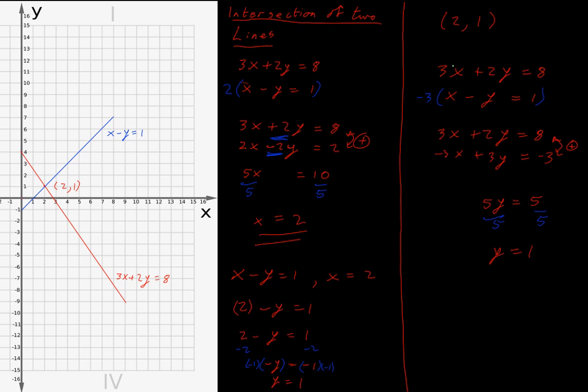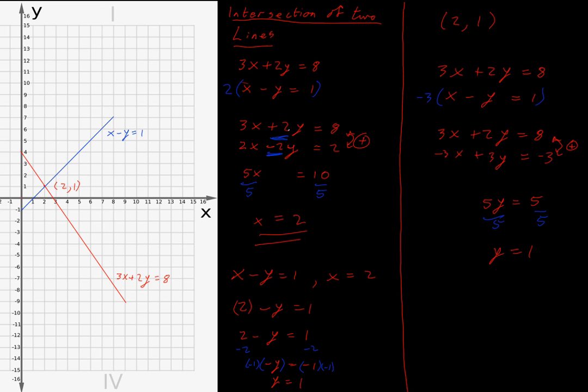In this case, I decided I was going to get the same number with a different sign in front of my x's. In the first way I showed you how to do this question, I got the same number with a different sign in front of my y's. You can see that either method works perfectly fine. There is no problem with eliminating your x's or eliminating your y's.